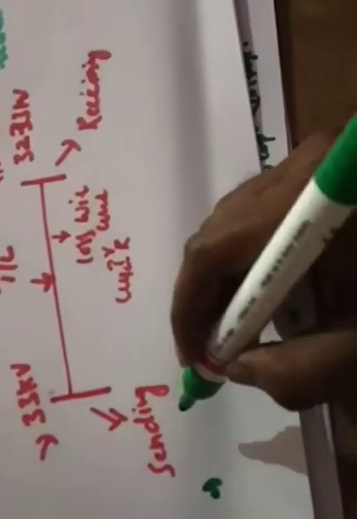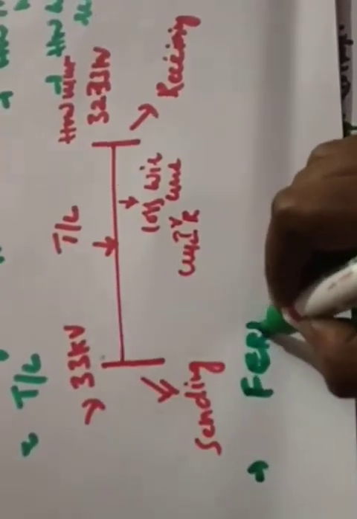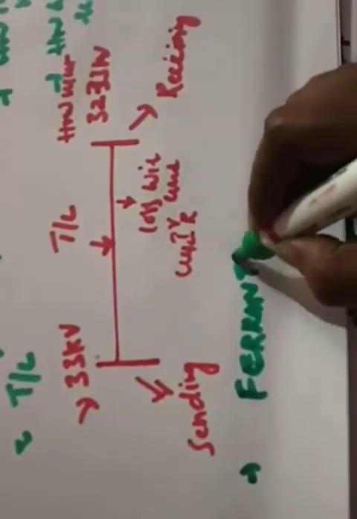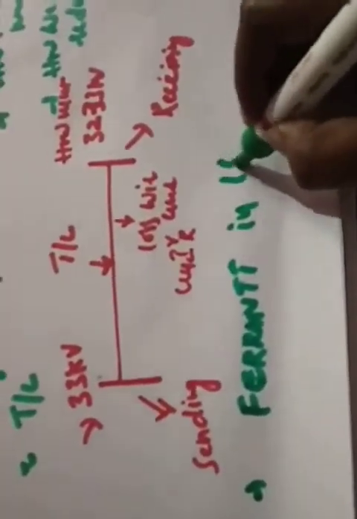But the scientist called Ferranti, in 1890, says that in some other conditions the receiving end voltage is greater than the sending end voltage.